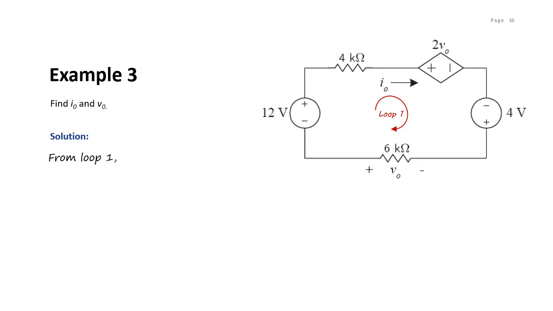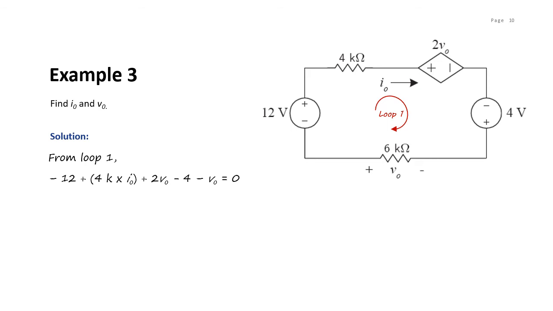We're going to see minus 12, and then we have this element. We have to multiply the current with the resistor to get the voltage, and then we have a dependent voltage here with 2V0, and then we meet the negative terminal at 4 volts, and then we have minus V0, and then equal to 0.